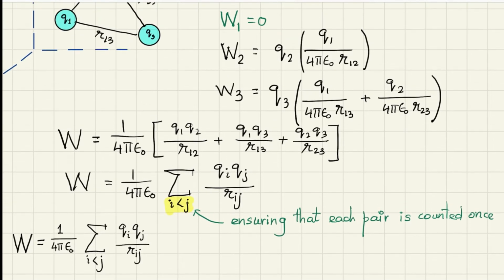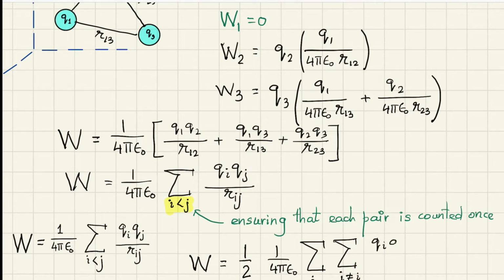Hence my total W is half, allowing double counting for each pair twice, times 1 by 4 pi epsilon naught, sum over i not equal to j of qi qj by rij.